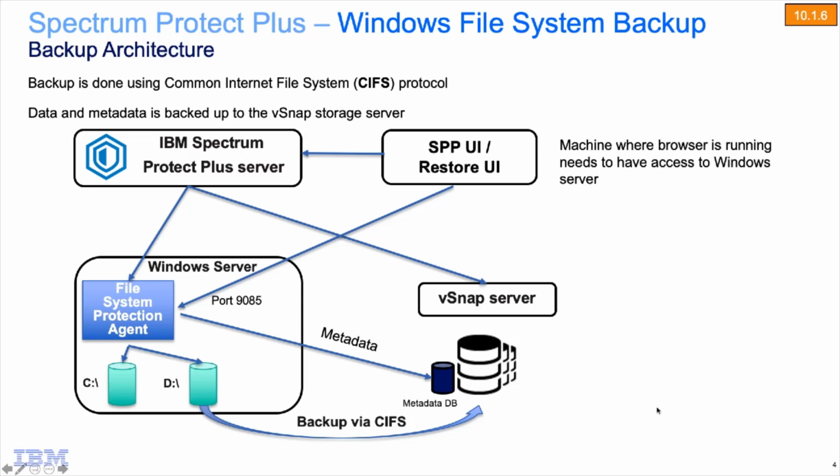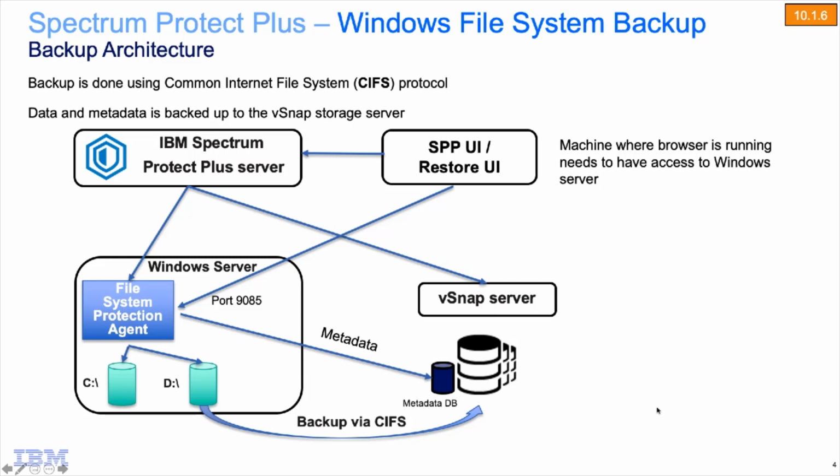From a backup architecture, the way this is going to work is basically the IBM Spectrum Protect Plus server, when doing the backup, is going to mount the drives to the vSnap server using a CIFS share. This is going to be done using this file system protection agent.